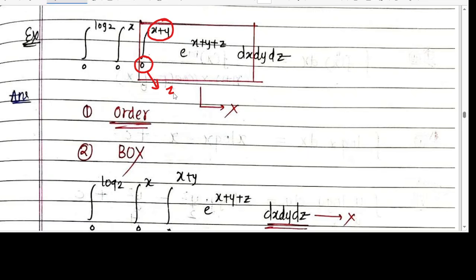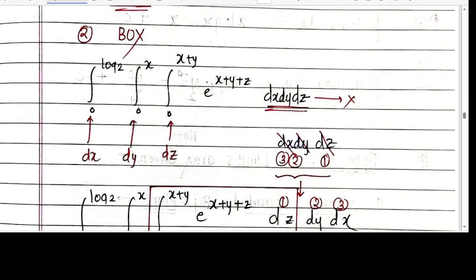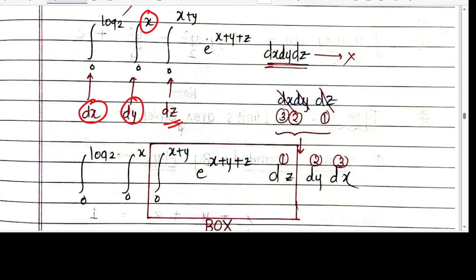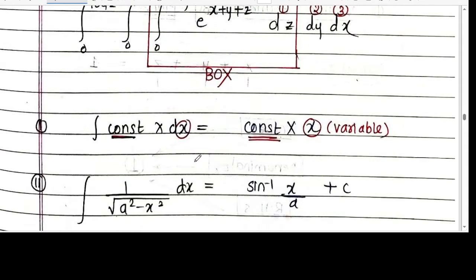Then here x is present, means they are the limits of y. Only two variables are left now, x and y. So we have to integrate with respect to y, and finally with respect to x. So the order must be integration with respect to z first, then y, and then x.